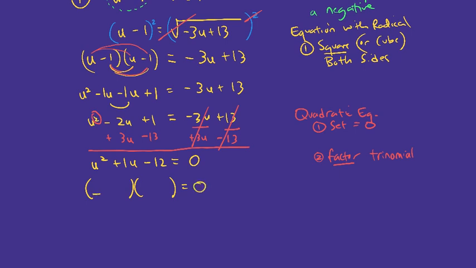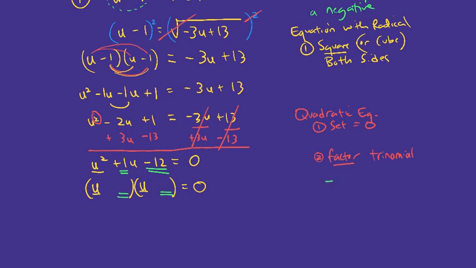The first thing in both parentheses is going to multiply to be u squared. Maybe you remember that's going to be u and u. And then the second thing in both parentheses is going to multiply to be negative 12 and add to be 1. So multiplies to negative 12, adds to positive 1.